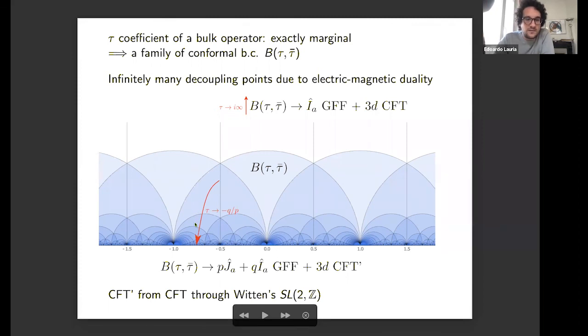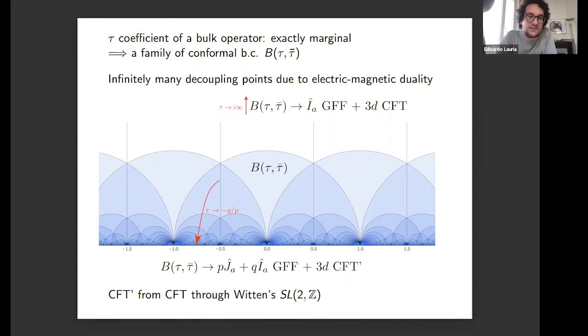However, this is just a picture of the choices of the fundamental domain. In practice, this is not physics. It is not really representing a marginal deformation.